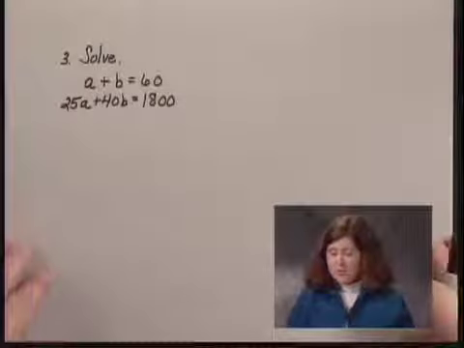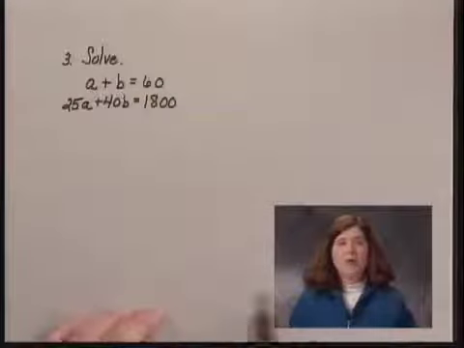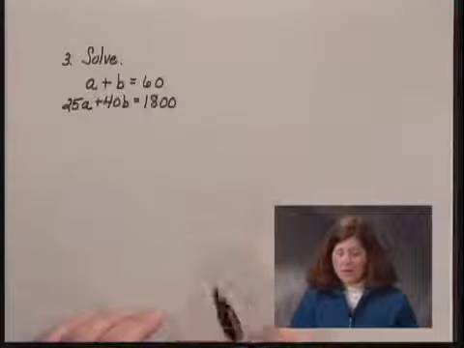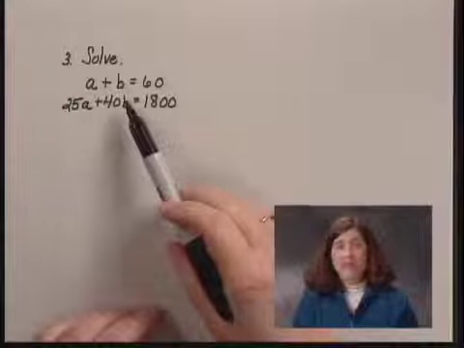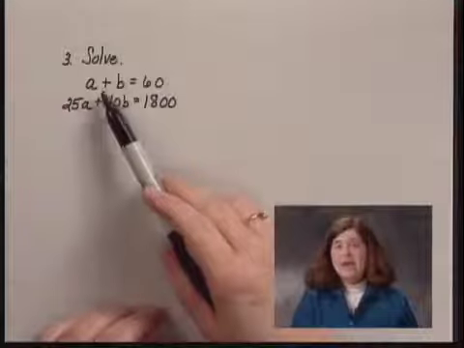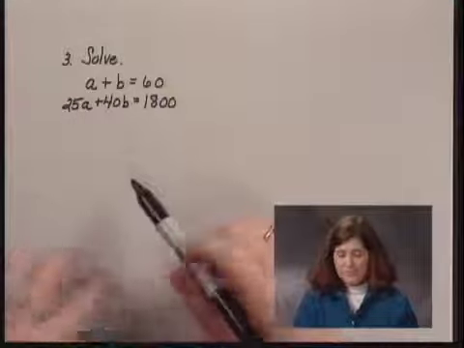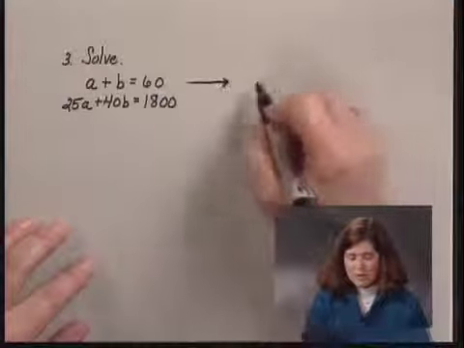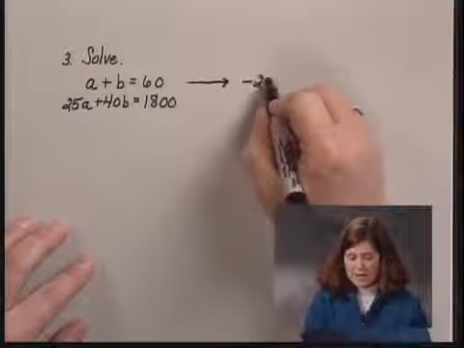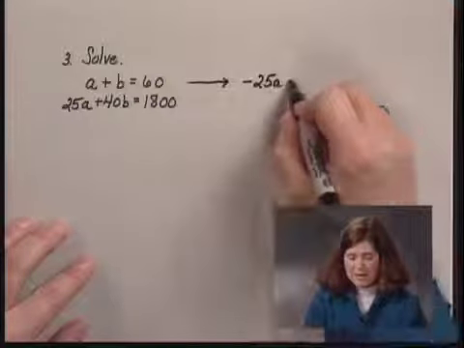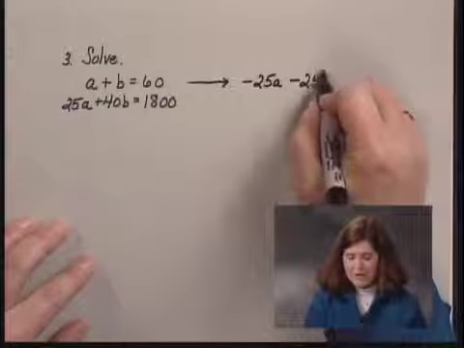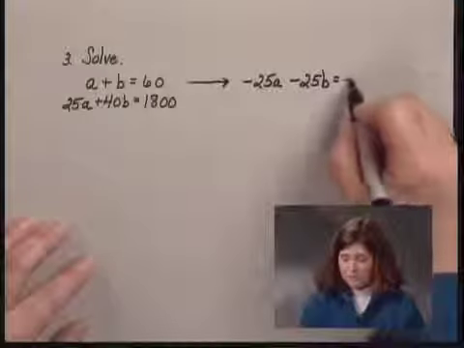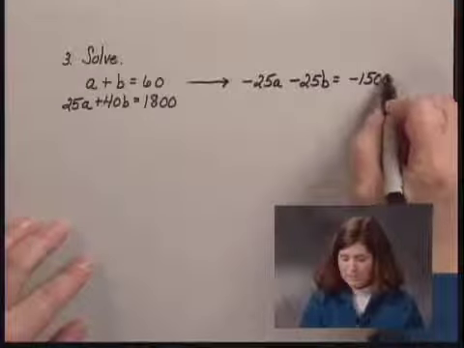I want to solve this for the ordered pair (A, B). I'm going to use the elimination method, and I'm going to multiply equation 1 by negative 25 and then add to eliminate the A terms. So multiplying the top equation by negative 25, I have negative 25A minus 25B equals negative 25 times 60, which is negative 1500.